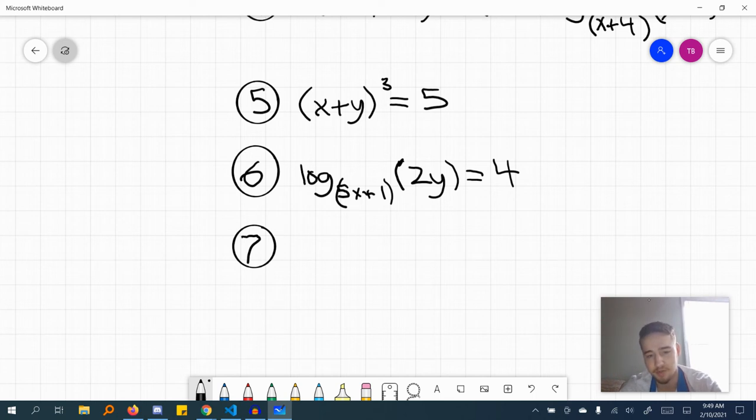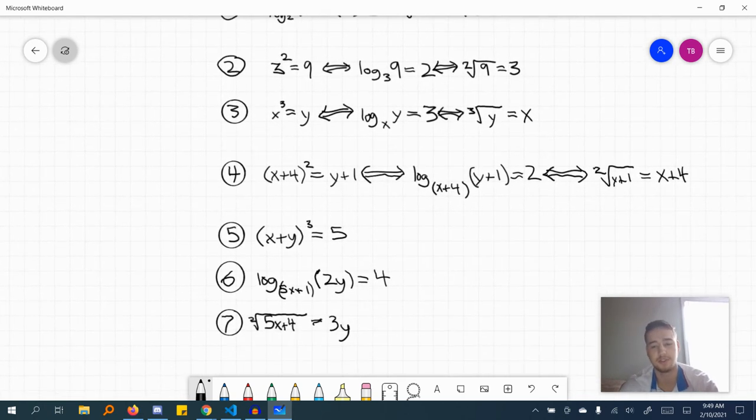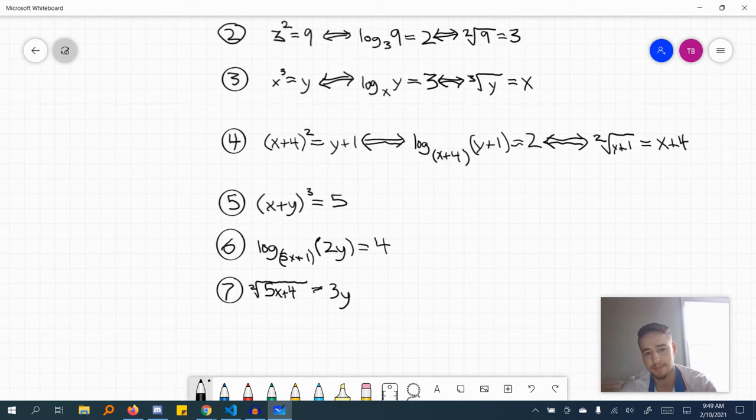Finally, I'll have you translate a radical, which is going to be the square root of 5x + 4 equals 3y. So you copy down the 4 that I did, and then you do 5, 6, and 7 in the same way.